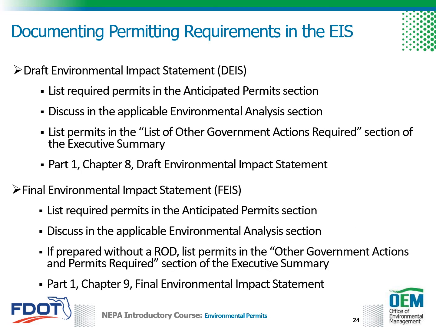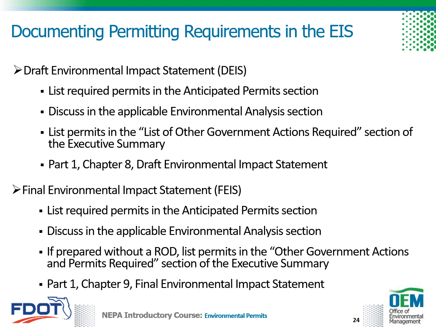Permits that will be needed for the project are also listed in the executive summary of the Draft Environmental Impact Statement, or DEIS, in a subsection titled List of Other Government Actions Required. More information on this can be found in Part 1, Chapter 8 of the PD&E Manual.